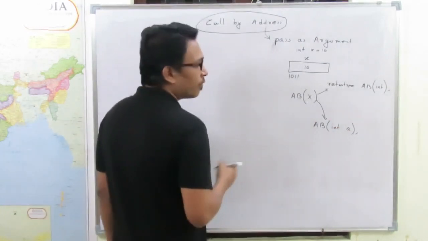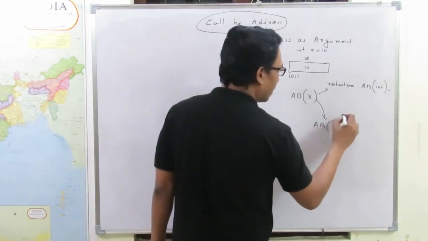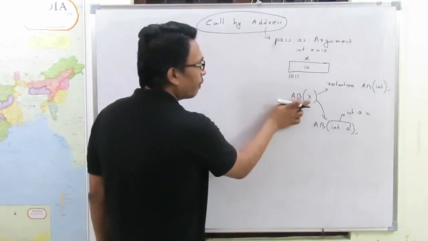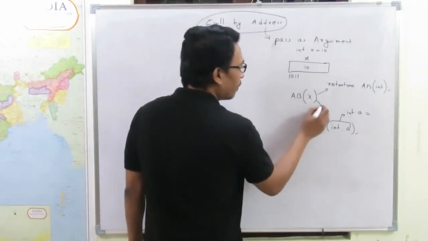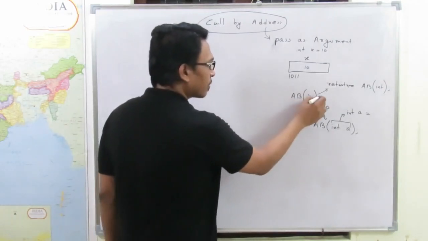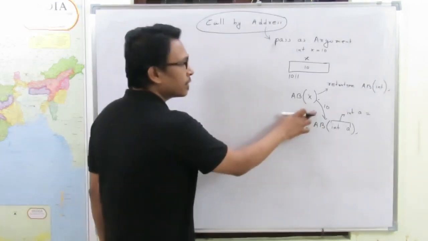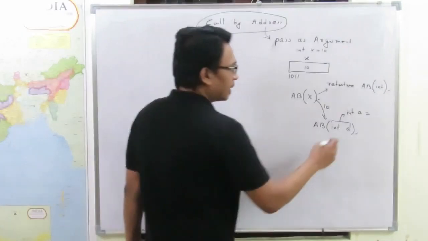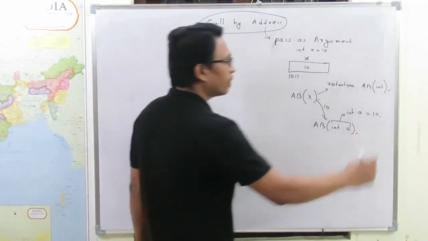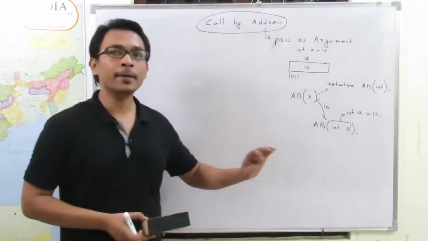Now at the time of execution, this particular instruction will become int a equal to the content of x. So the content of x is 10. That means when the control jumps from this calling position to the function definition, it passes the argument 10. That means this particular variable will receive the value 10. Clear? This is what we call call by value.